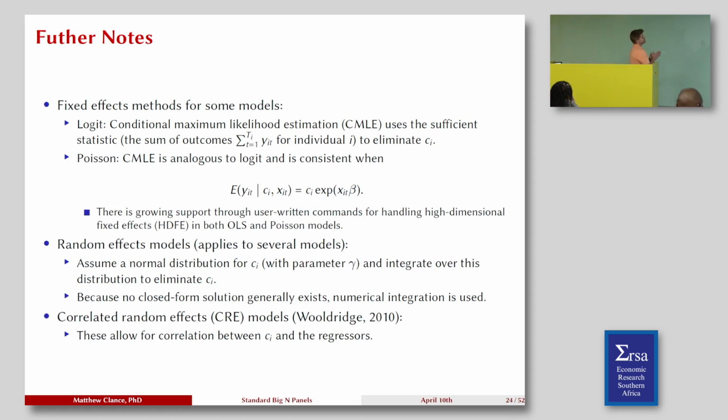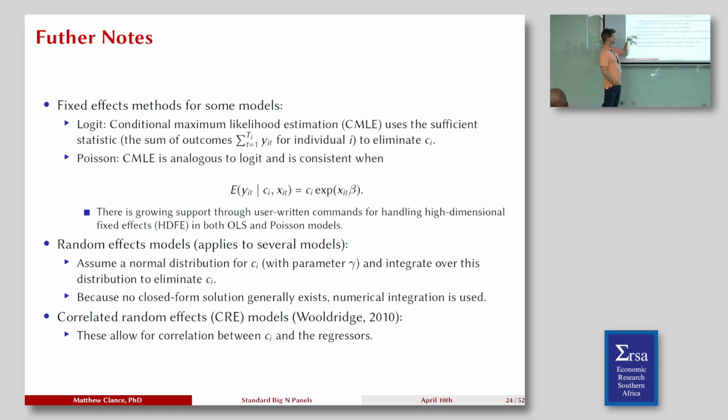So further notes, basically with the fixed effects method in some models, I'm just kind of going back to this conditional type maximum-likelihood estimation, basically using the sufficient statistic. In case of the Poisson, and there's always going to be related to the Logit, this should be consistent in those estimations. But I just wanted to point out there's a growing literature here that basically shows how to run something we call high-dimensional fixed effects.